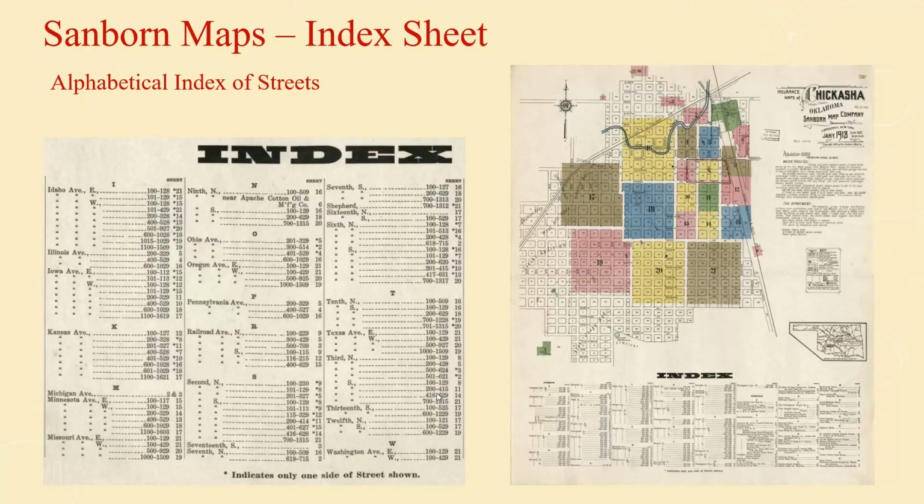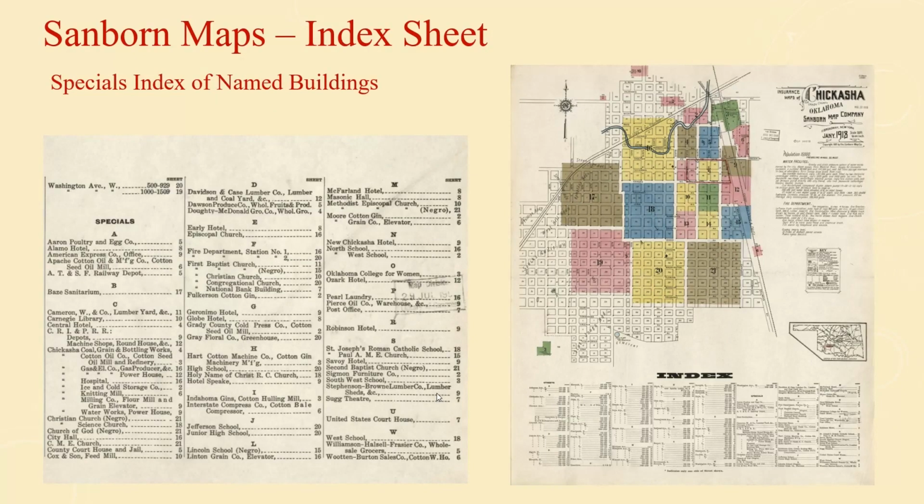If you know the intersection, you go to the map above there. There's also in that index a list of specials, they call it. These are named buildings in the town. These would be government buildings, hotels, schools, anything like that. So if you're looking for a specific named building, you might find it there and find what sheet you need to go to.